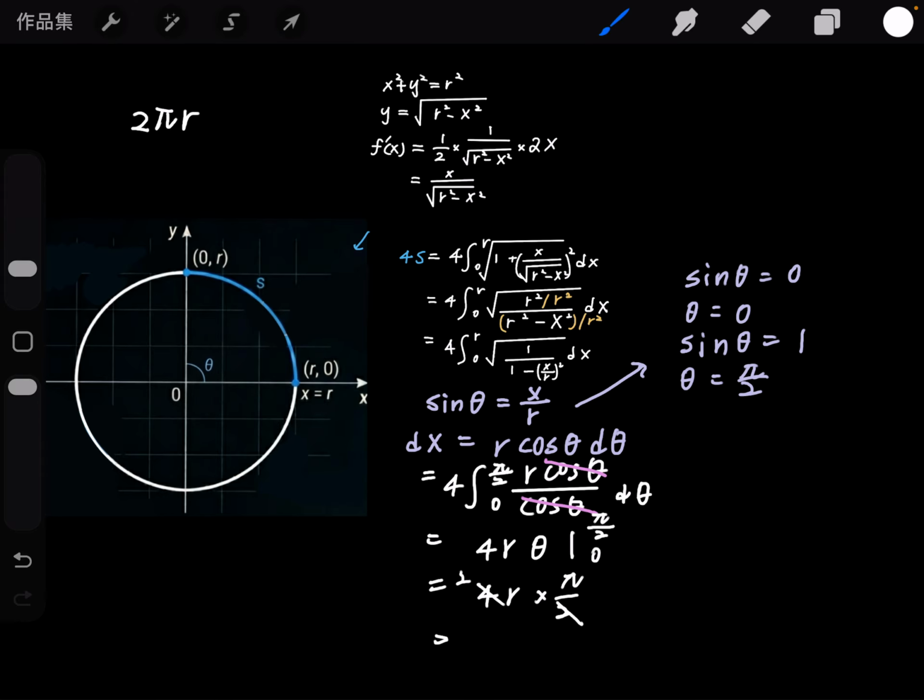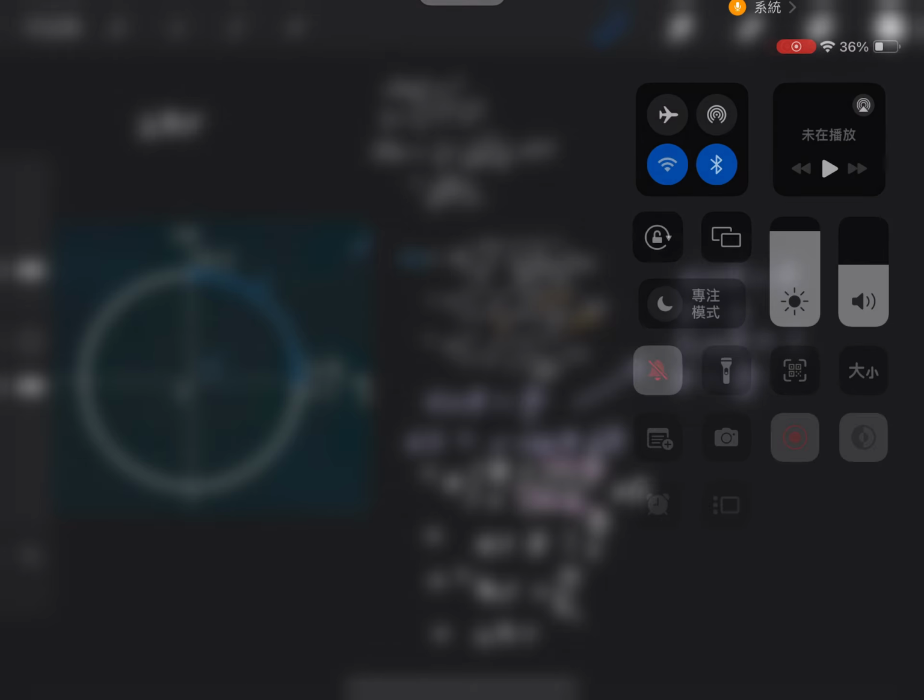So your circumference is 2 pi r. Okay, so this is the application of the integration. When we want to calculate the length of a curve, this concept lets us know 2 times pi times r is a circle's circumference. Okay, thank you.